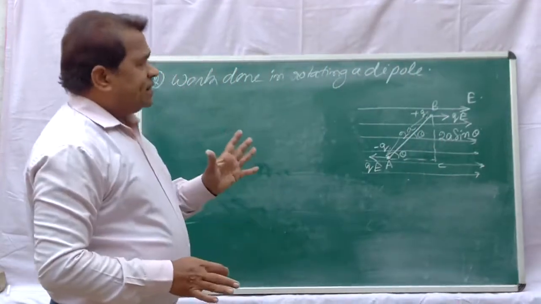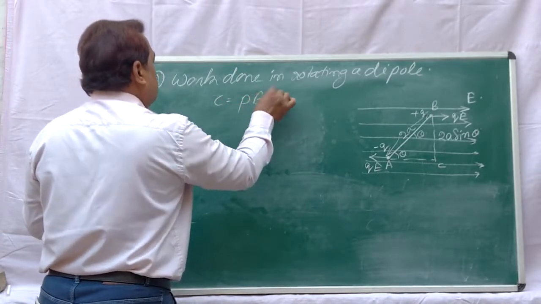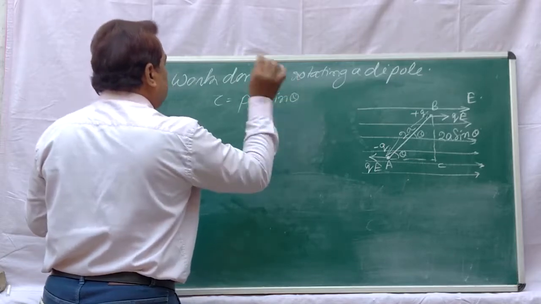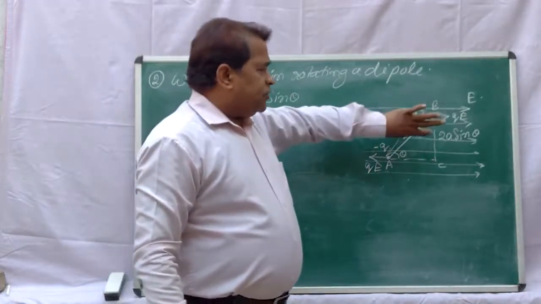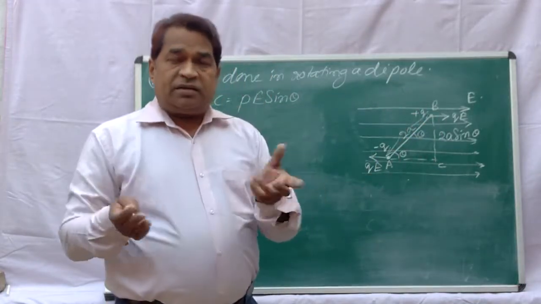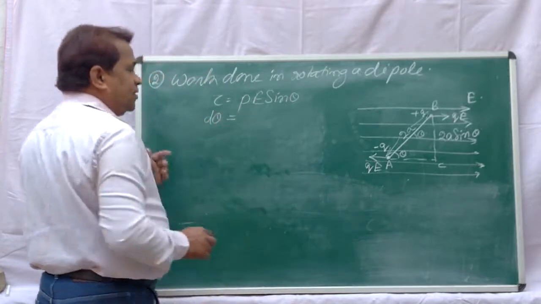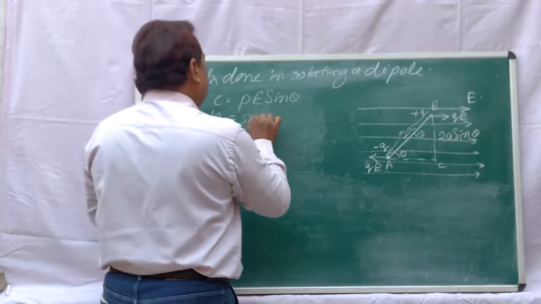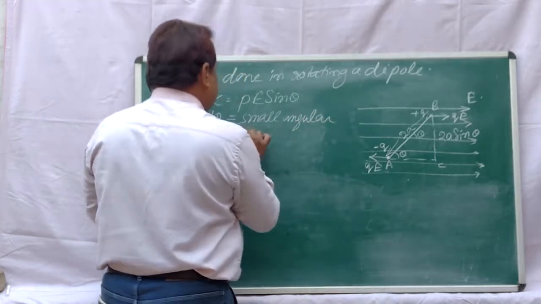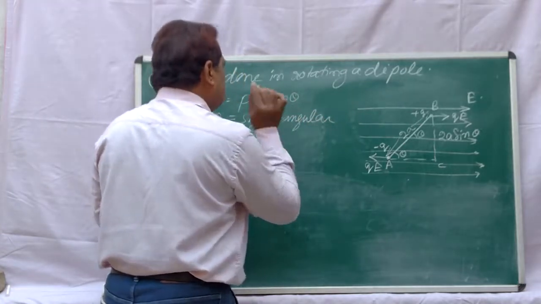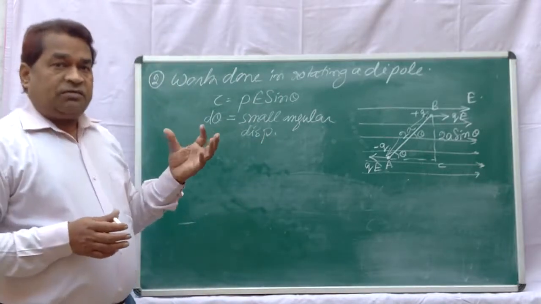As we know, the torque in this particular case is pE sine theta. If we rotate the dipole by some small angle d theta, a small angular displacement, there will be some work done.